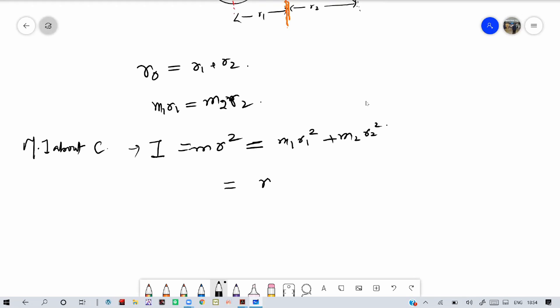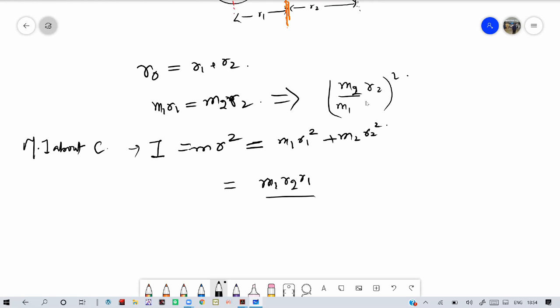Or I can write it in terms of m1, instead of r1. Here I am writing r1 square, so you can calculate r1 from here, so it is m2 upon m1 times r2 square.